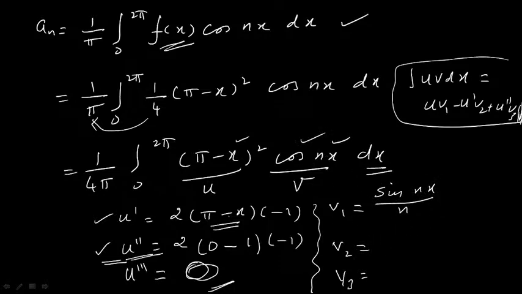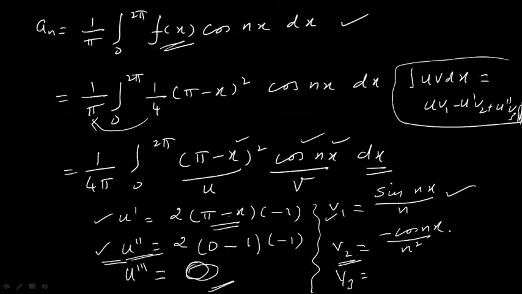Next v2: again you have to integrate v1 with respect to x. So now we have to integrate this sin nx divided by n once again. So 1 by n is a constant. Integrating sin nx you get minus cos nx divided by n. Already you have n in the denominator, so that becomes n square. Coming to v3, v3 is nothing but the integral of v2.